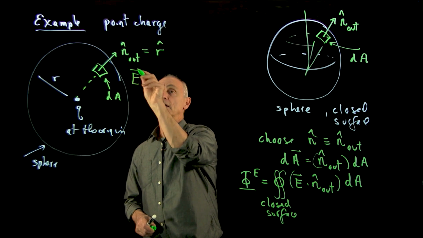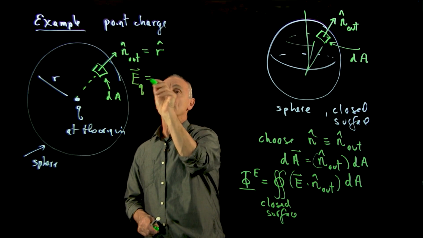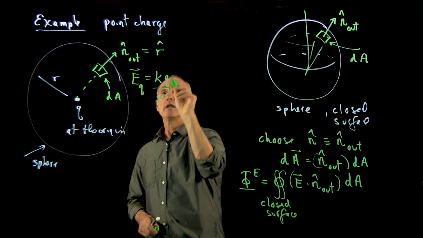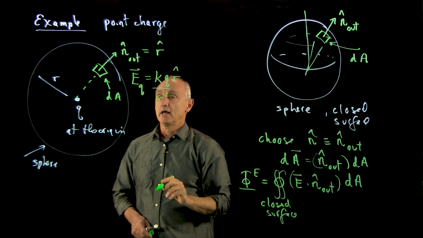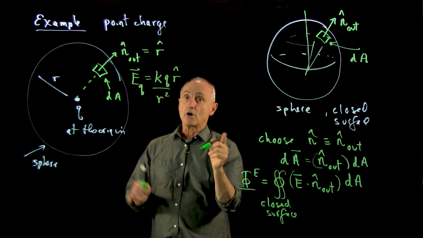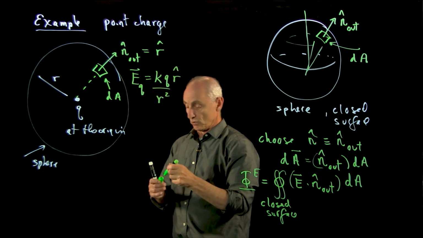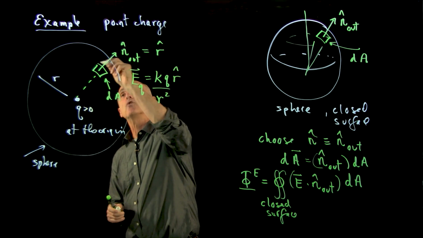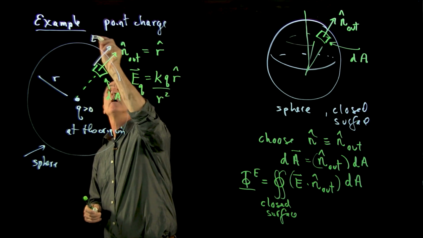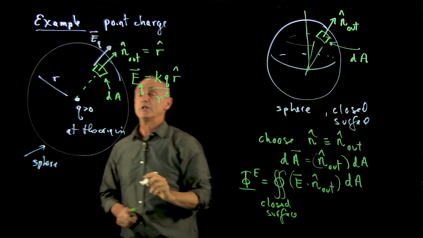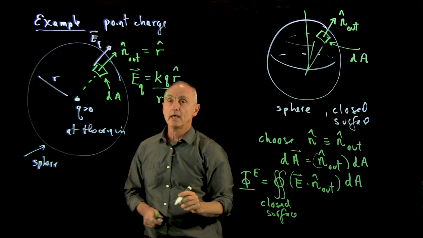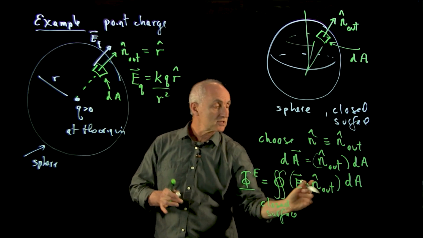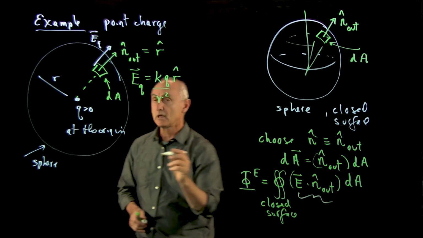We know that the electric field of a point charge is that constant kq over r squared, and it points in either the plus or minus r hat direction, depending on the sign of q. Here, let's just make q positive, and then I can draw my E field of the point charge pointing radially outward.